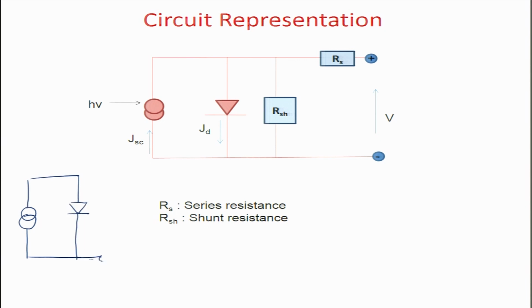You have radiation coming, you give rise to a JSC or ISC. This would be the dark current, the two opposing currents, and there are no parasitic resistances. So, the only thing that counters ISC is the ID, as a function of bias.